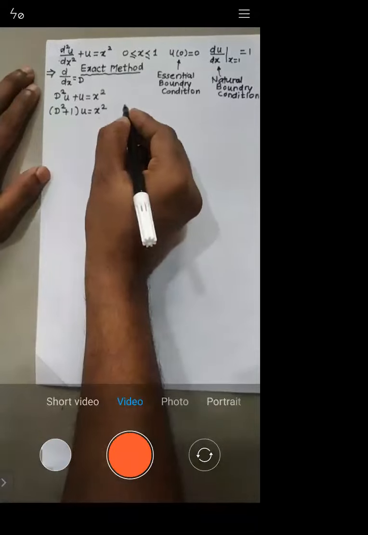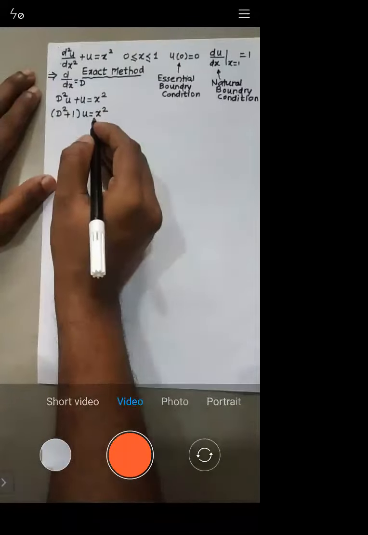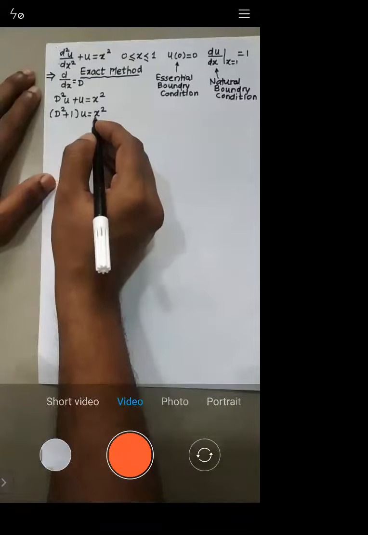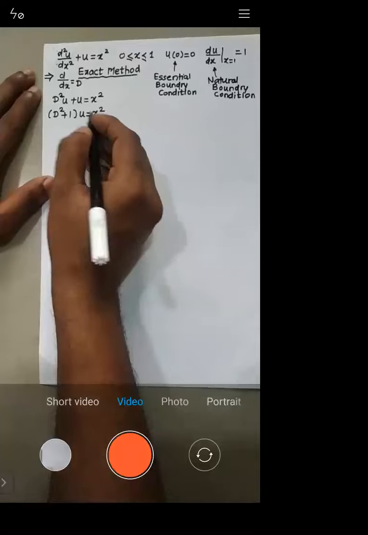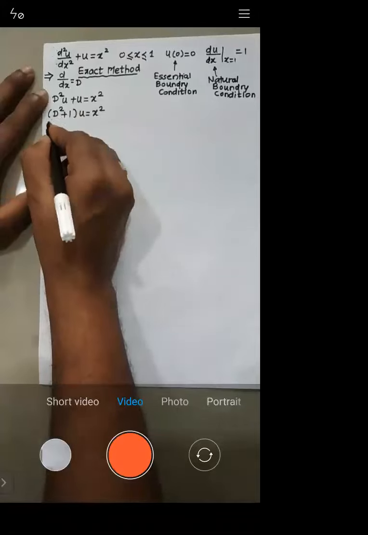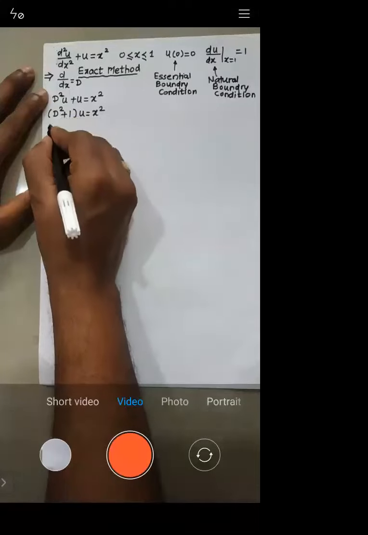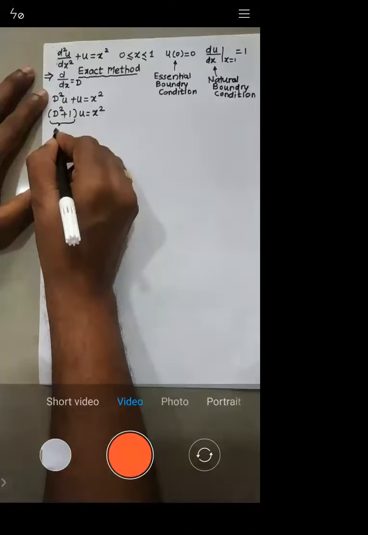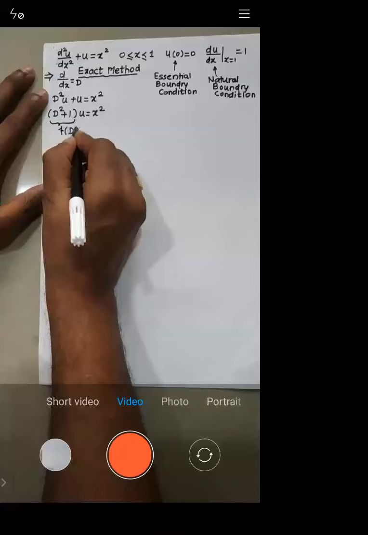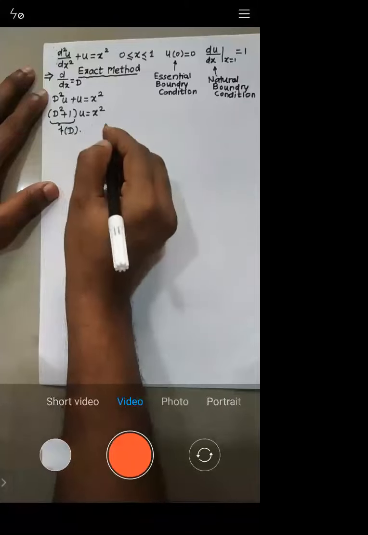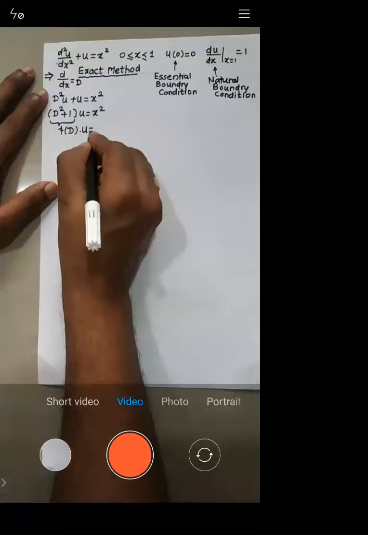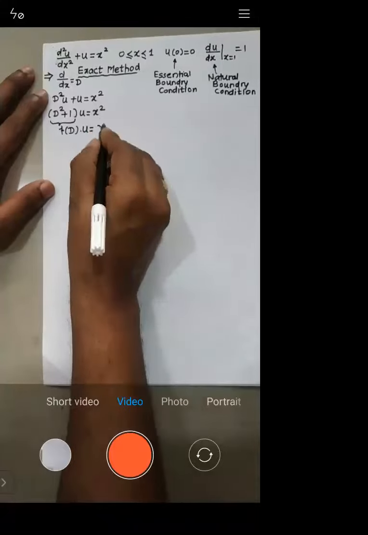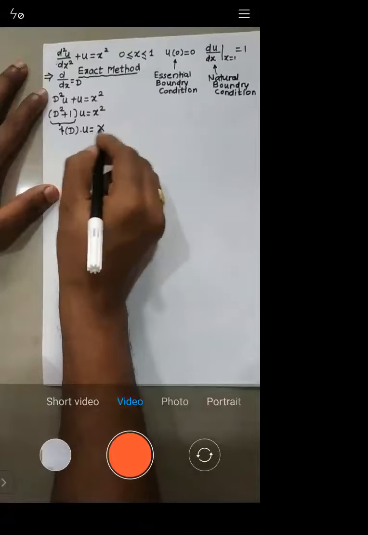This term I call f of D, so f of D into u is equal to x square.